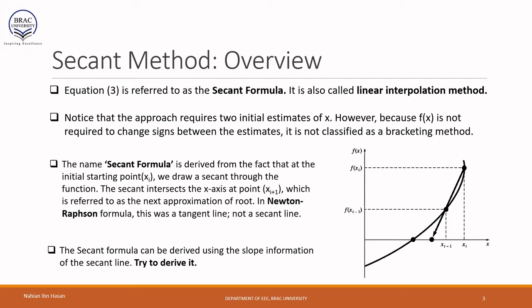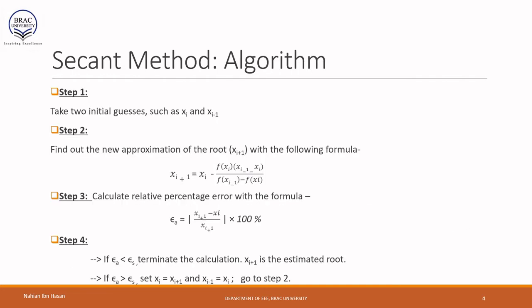We initialize the method with two initial guesses, xi and xi minus 1, and then we apply the second formula, which is something like this in step 2: xi plus 1 equals xi minus this term. And xi plus 1 is the root approximation of the current iteration, and then we calculate the relative percentage error using this formula with the help of the approximation of the root from the current iteration and from the previous iteration.